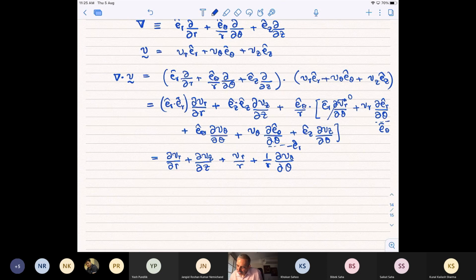So all of these are 0. So now we have only these 4 terms that are remaining. And now we can see that this is Vr by R and del Vr by del R. We can combine them, and this is the formula that you will usually find in the books.